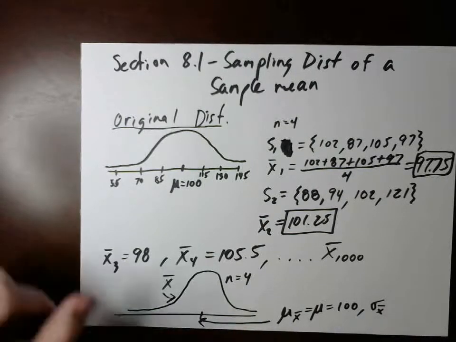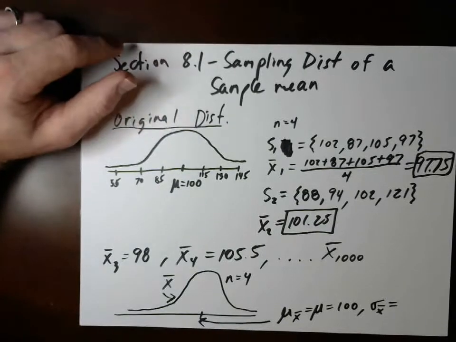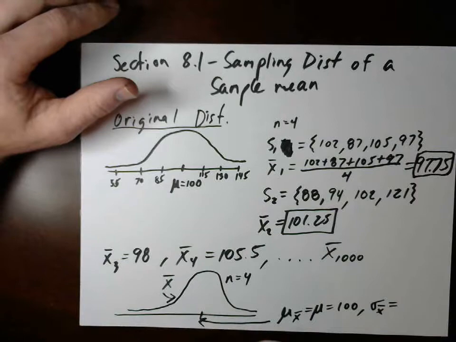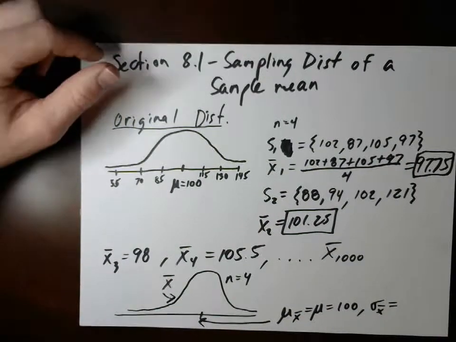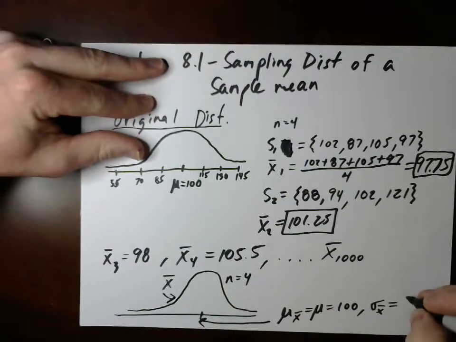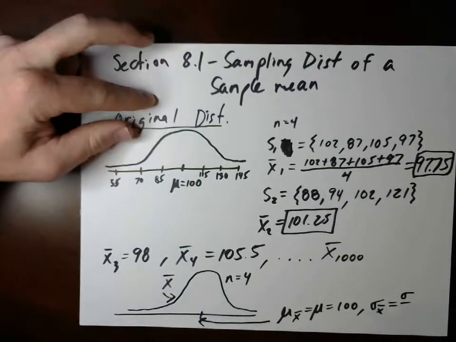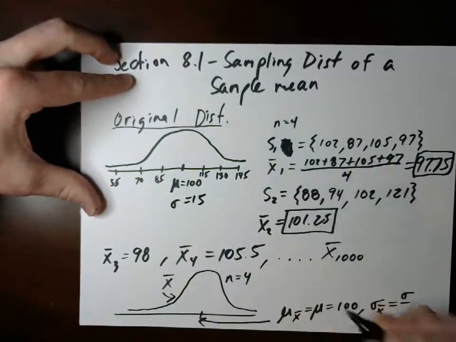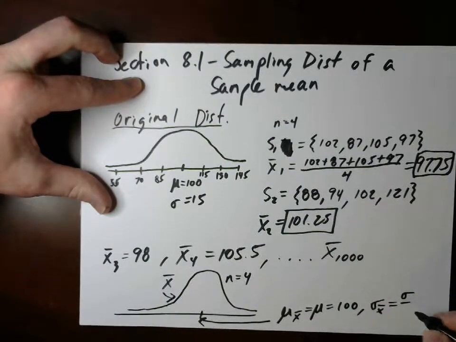We're talking about the shape of the distribution of plotting all these points. And you may remember that this is equal to sigma, in this case 15.